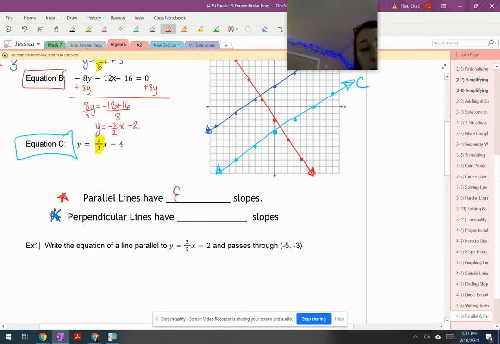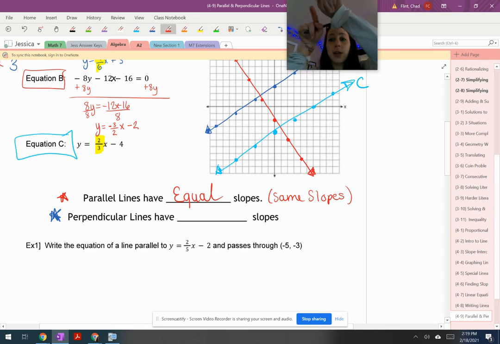Parallel lines have equal slopes, or you can think of it as the same slopes. And that makes sense because in order for two lines to never cross or intersect, they would have to continually be going up and over at the same rate forever.